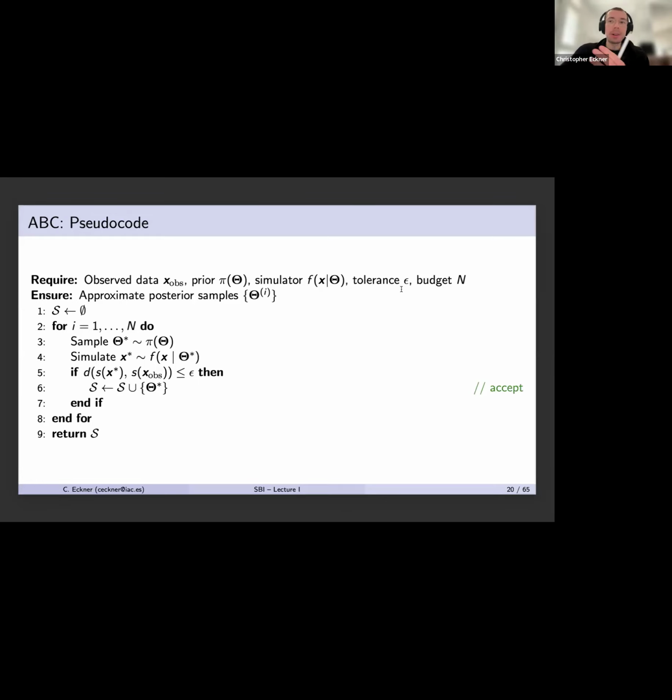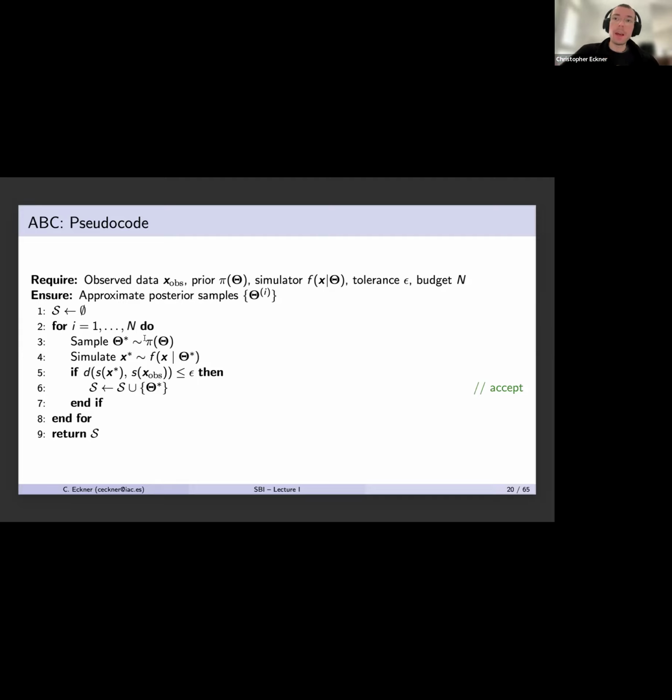And given your tolerance for this metric and the number of observations you can afford, you simulate n times from your simulator, depending on how much capacity you have on your system. You store these simulations by sampling different parameters from these prior distributions.